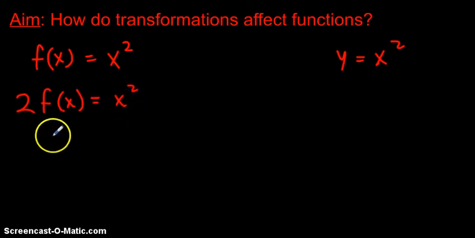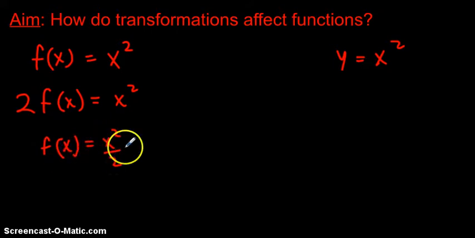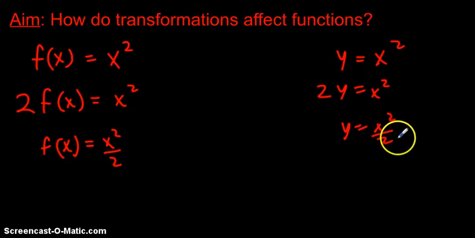That would actually simplify to f of x is equal to x squared over 2. So it will be half the size in the y values. Over here, that would be 2y is equal to x squared, which again simplifies to y is equal to x squared over 2, which again will compress that value.